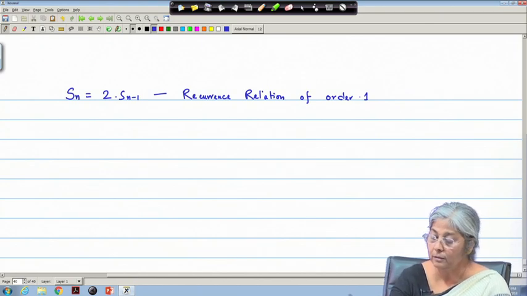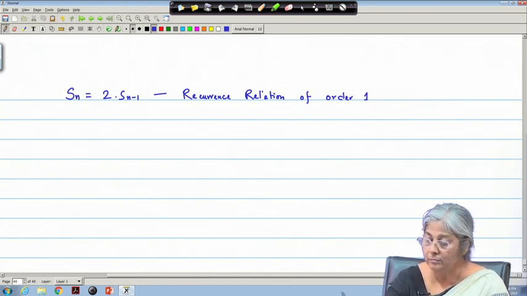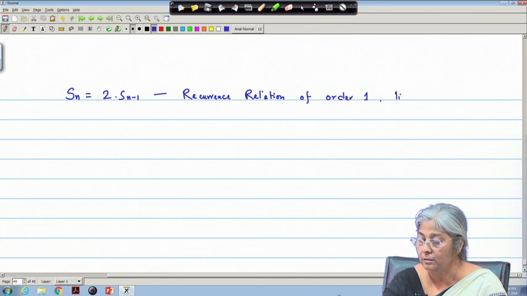And this is a linear homogeneous recurrence relation.